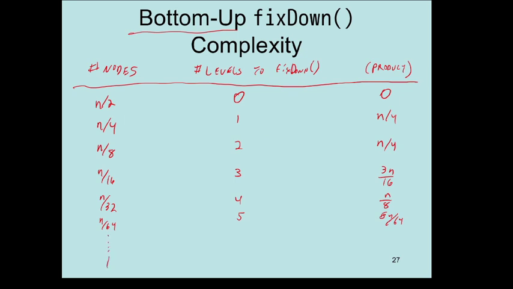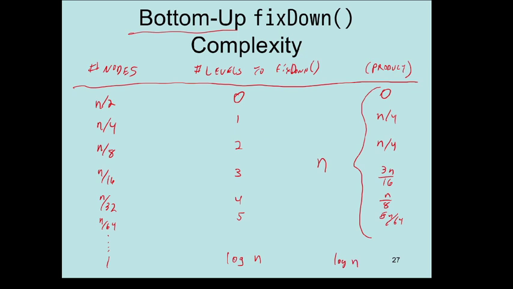Eventually, I'm going to get to one node. That's the root. How many levels does it need to fix? Log n. Now, what's the sum of all of this? This is where the hand-wavy part comes in. Well, I've got n over 4 plus n over 4. That's n over 2. I take n over 2 and add a quarter to it. I then add an eighth. I add a 16th. That's n.